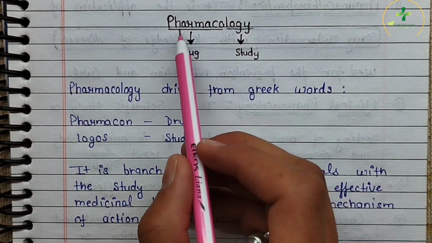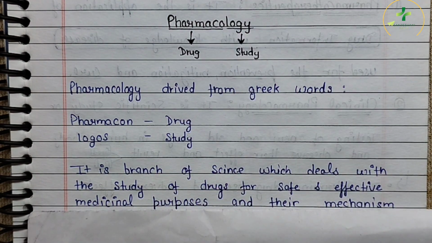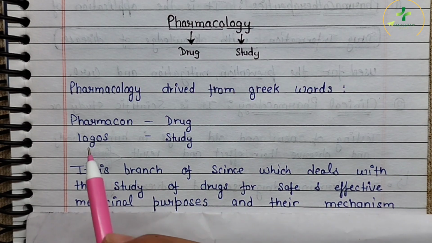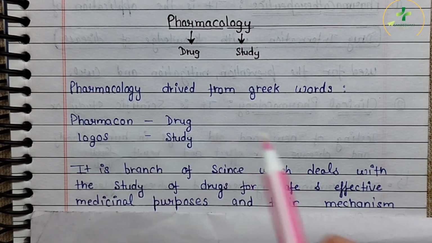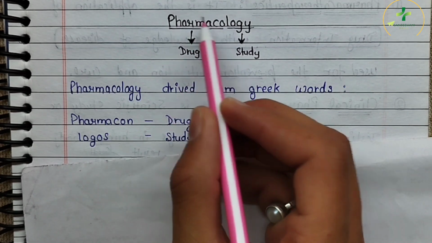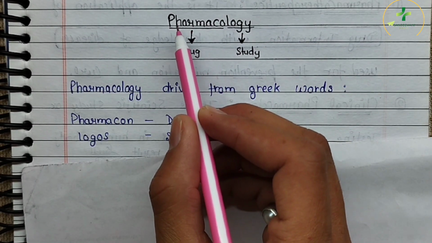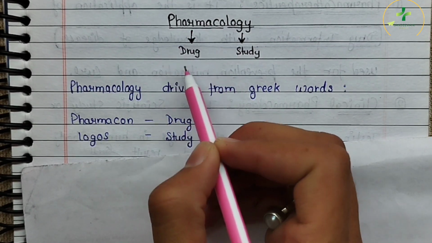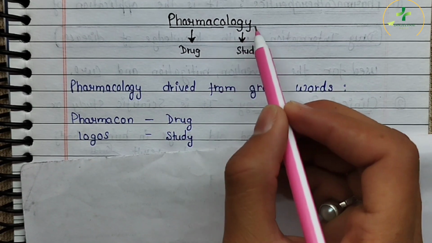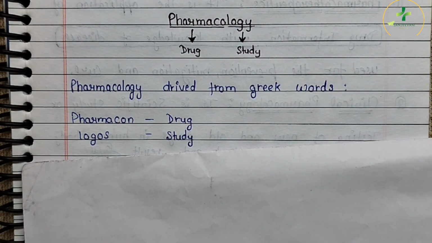Now the term pharmacology is made up of two Greek words: pharmakon and logos. The pharma word relates to drug, and as I told you in my prior classes, logi means study and science.